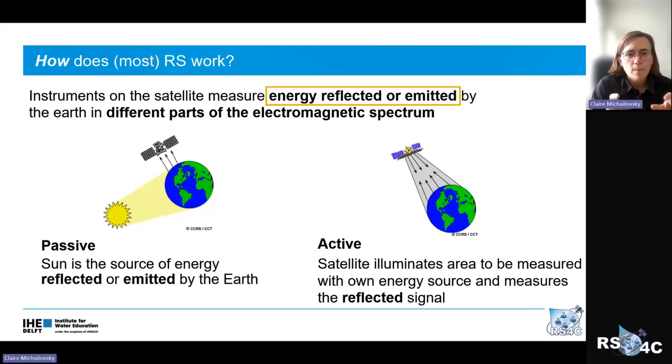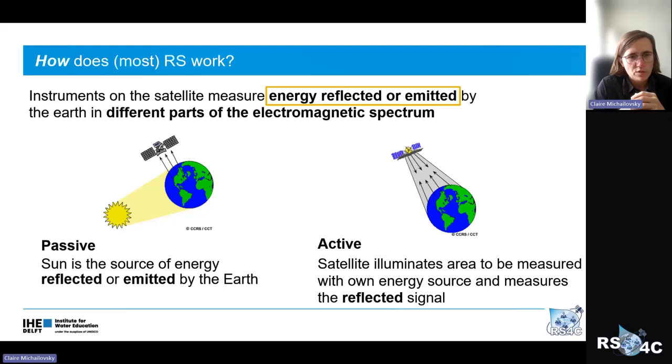Essentially, we have two big categories of remote sensing depending on where the energy comes from. One is called passive remote sensing, where the sun is the source of energy. The sun emits energy, and this is reflected by the Earth's surface, and our satellite captures this reflected energy.